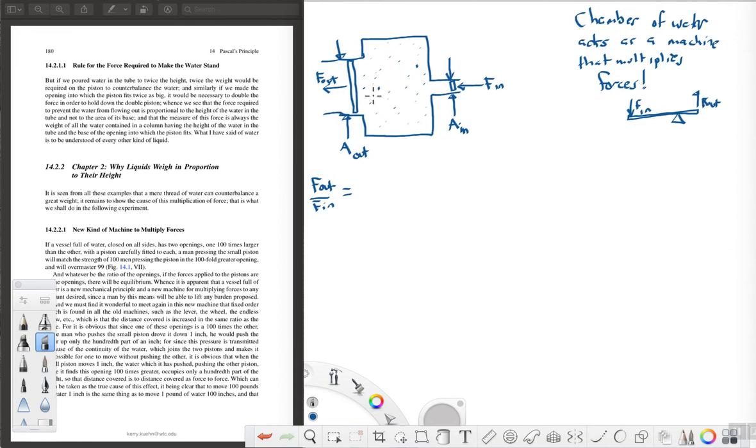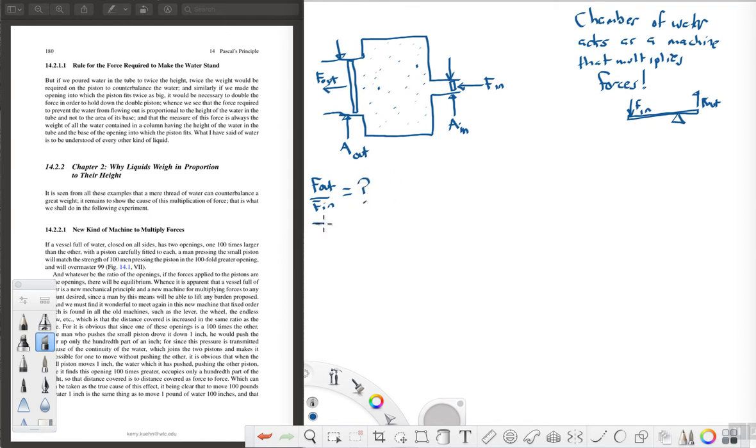But if, for example, you can with a small input force get a large output force, that is, that ratio is maybe 2 to 1 or 3 to 1 or 100 to 1, then this is going to act as a machine that multiplies forces. So how do we figure out whether or not this does multiply forces, and what this ratio is?